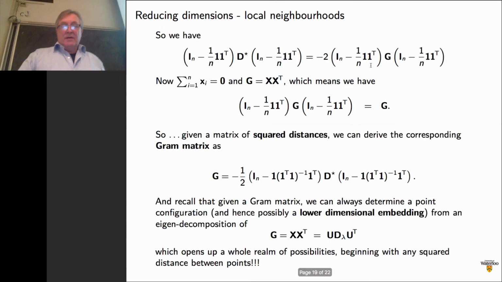In the end, I've got this relationship between the matrix of squared distances and the gram matrix, and this wonderfully simplifies to just minus twice the gram matrix, which means the gram matrix is minus 1/2 times this piece.